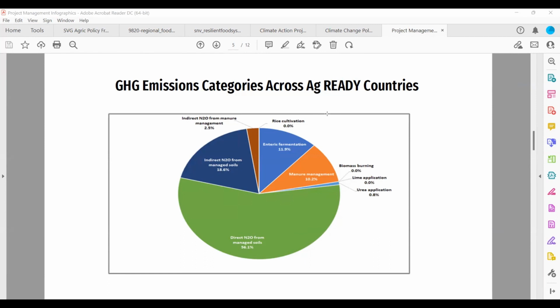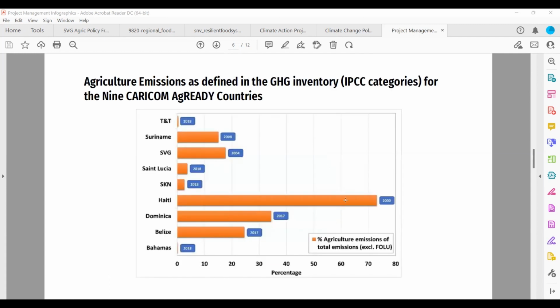So this is the different categories of greenhouse gas that our production, our food systems are emitting locally and more on a country specific level. This is our emission as defined by IPCC. And of course, this excluded the forest and other land use. So this is strictly agriculture for all the countries, as you can see. Trinidad and Bahamas pretty much not yet off the mark, but a significant amount of their food is provided through imports.